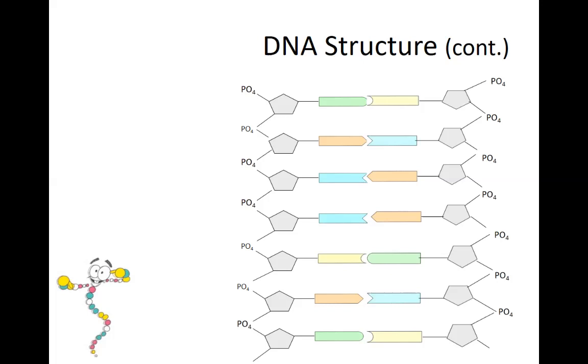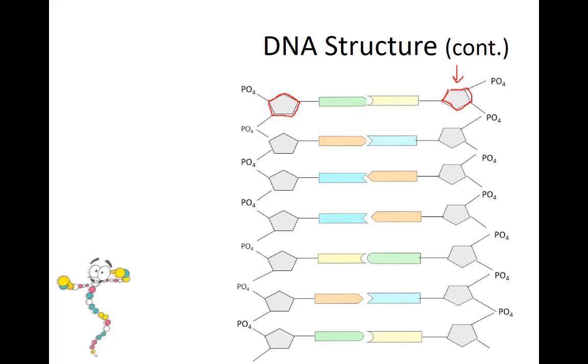Couple things. Do you notice anything about those pentose sugars in this particular diagram? If you take a look, I'm going to trace one on each side. Okay, now let's trace one on the other side. What do you notice? Okay, that's right. The one on this side is actually upside down compared to the one on this side.